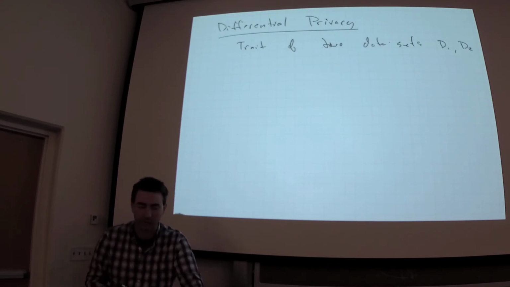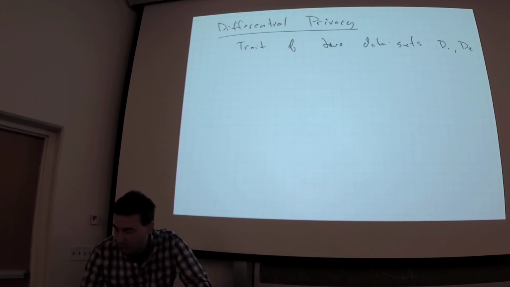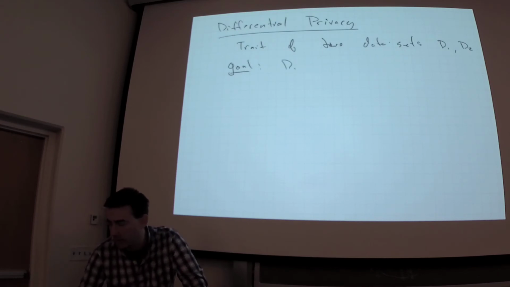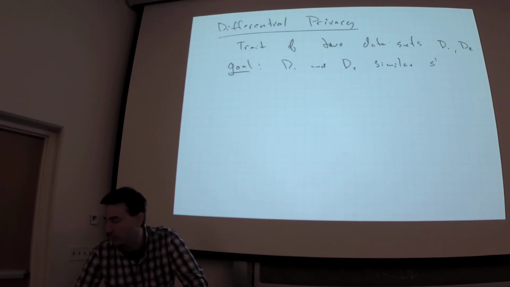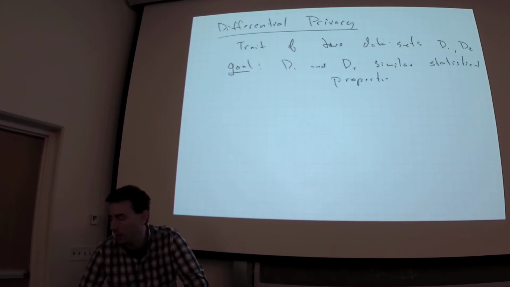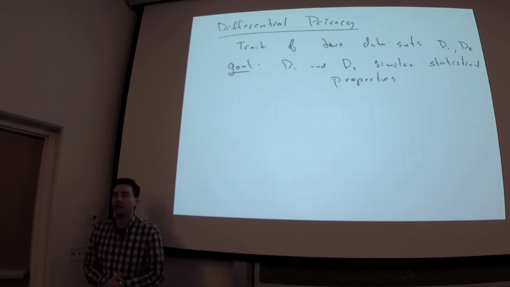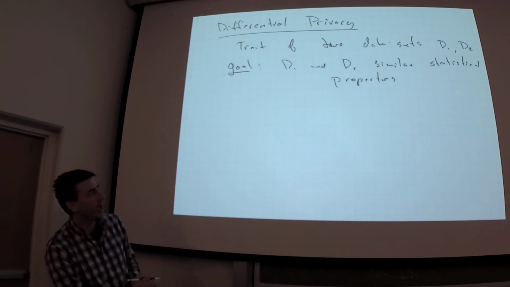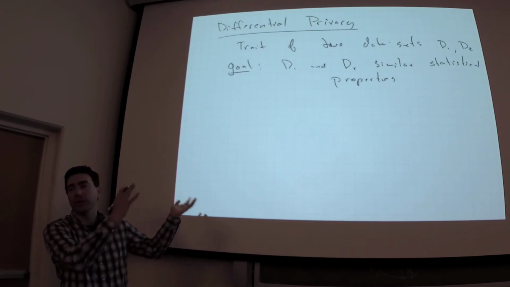and D2. And the goal is to say that D1 and D2 have somewhat similar statistical properties, meaning we can do analysis on one of them, and the analysis will be similar as if we did it on the other one.